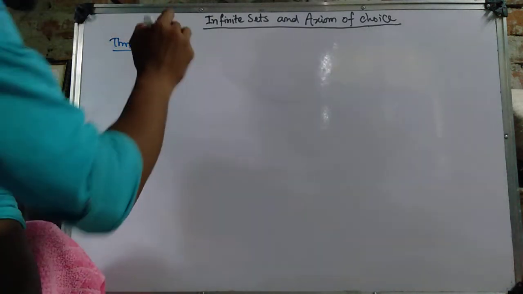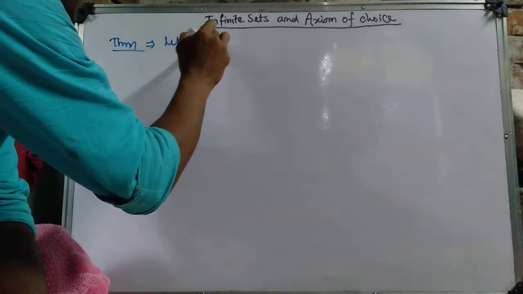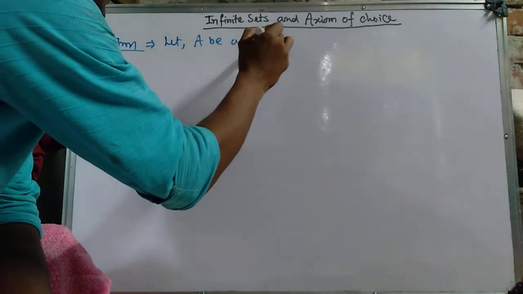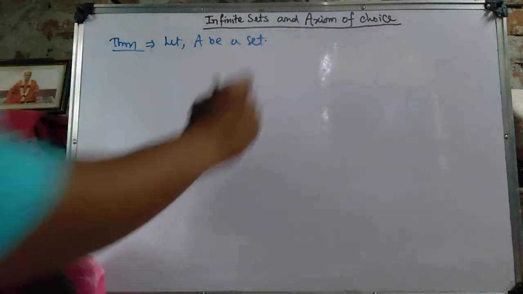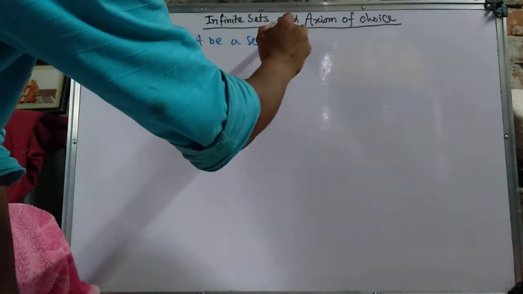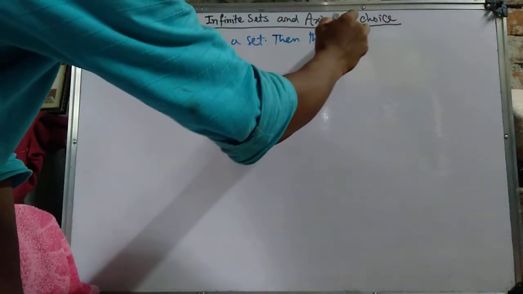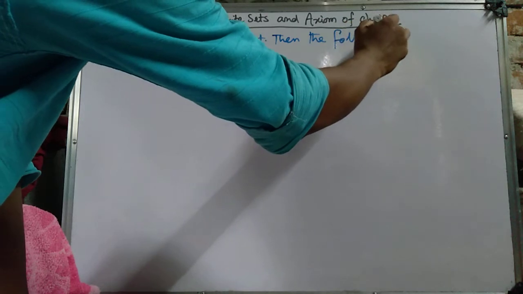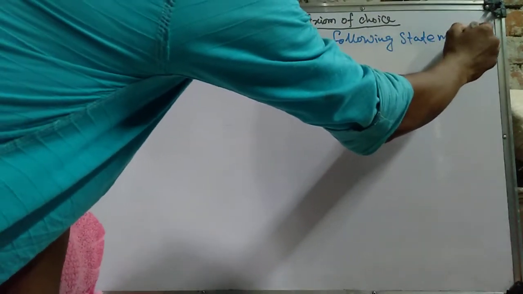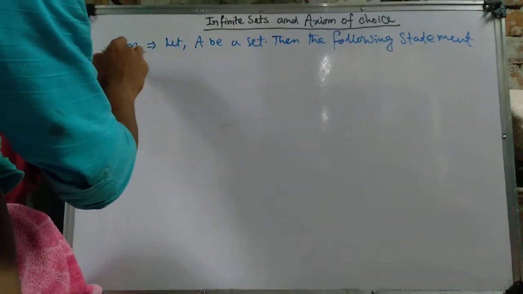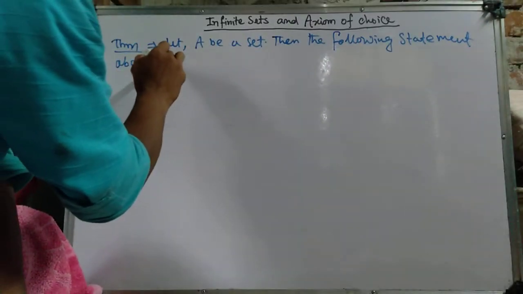Let A be a set. Then the following statements about A are equivalent.